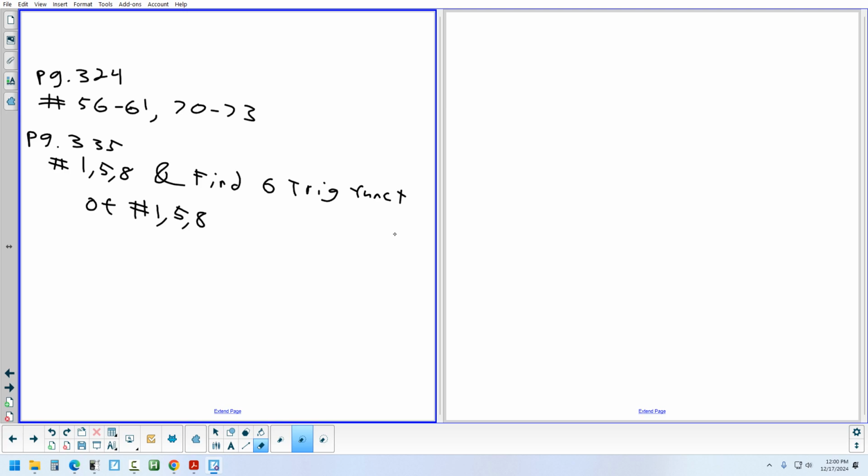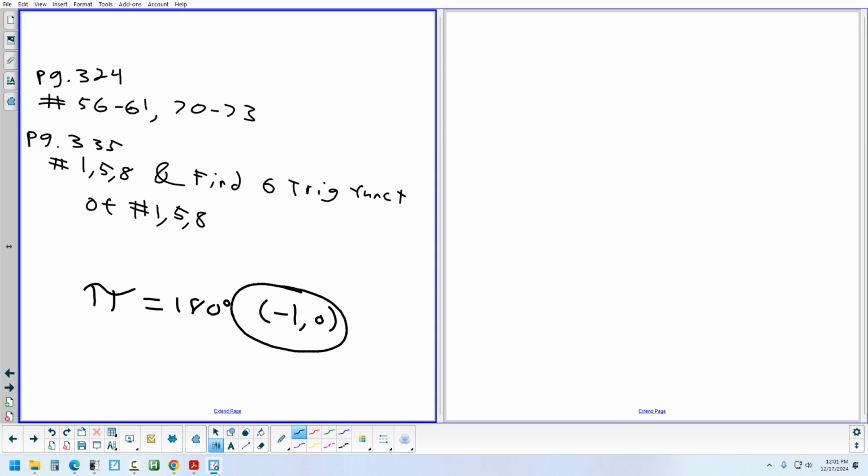For example, this isn't the exact one in the book, but let's say you had something like pi. Pi is what in degrees? It's 180. What's the coordinate for 180? -1, 0. So in the book, that's what they have you do for 1, 5, and 8.